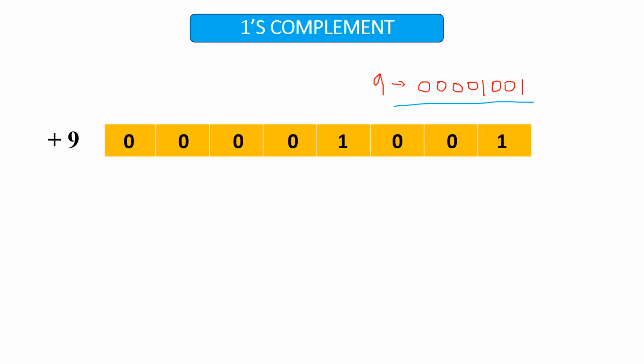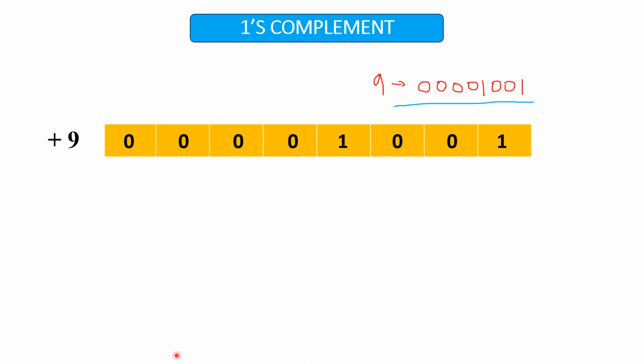How will I represent plus 9 in the 1's complement system? Plus 9 is represented in this way, and this is equal to the true binary number. So 9 is represented like this, and plus 9 in 1's complement is represented in this way, and both are equal. That is, the 1's complement of plus 9 is equal to the true binary number of 9.